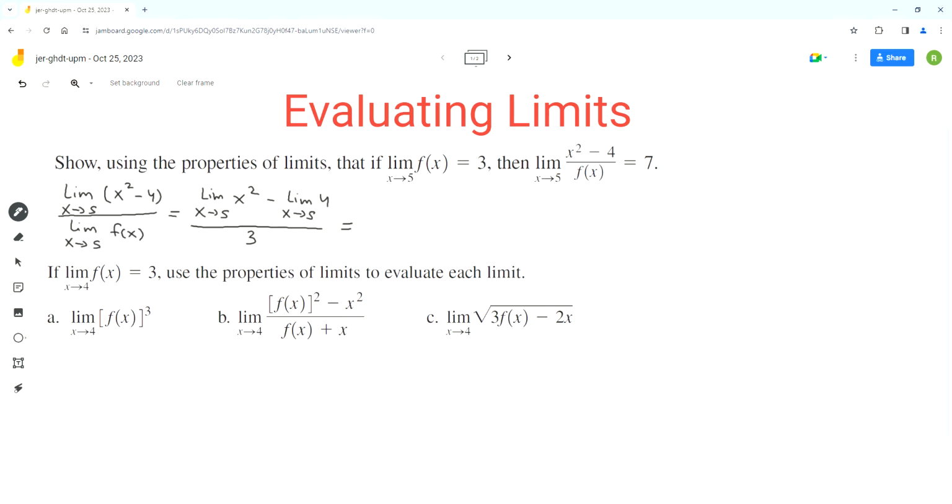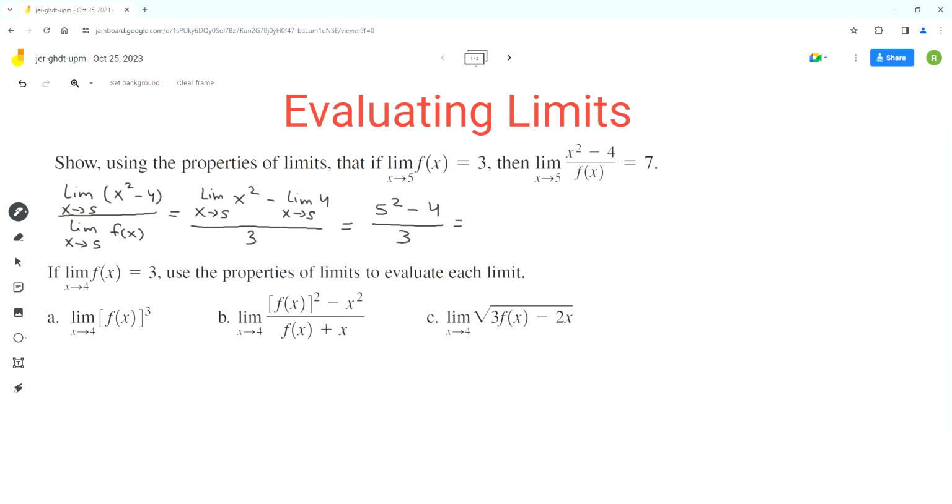Now in the numerator, in the first term, we can use the substitution method, so we can sub in x as 5. So we get 5 squared minus. Now in the second term, there is just a constant 4. There is no x, so it is just equal to 4 over 3. So this is the expression that we have to simplify.